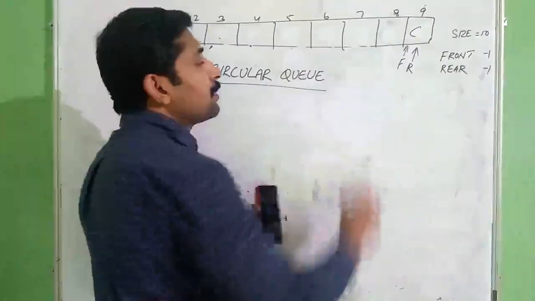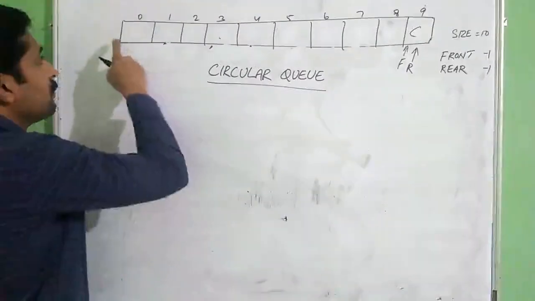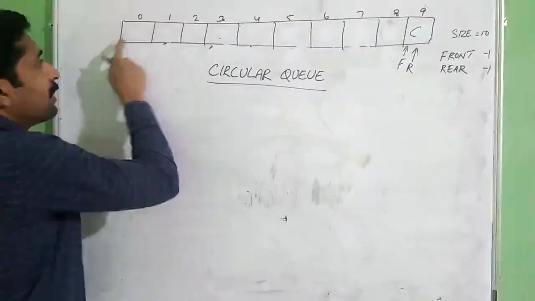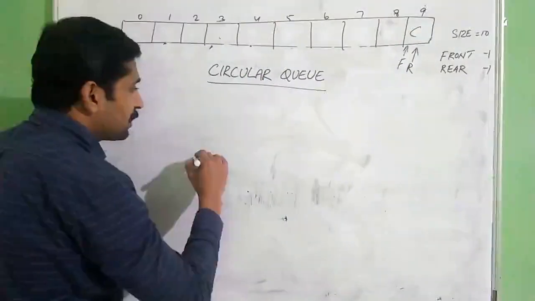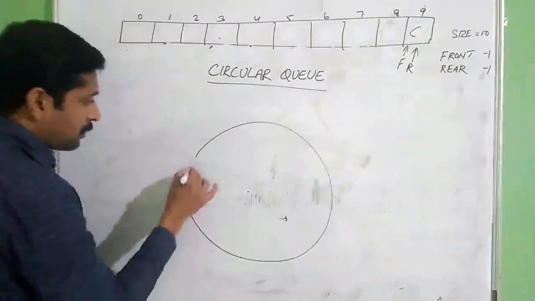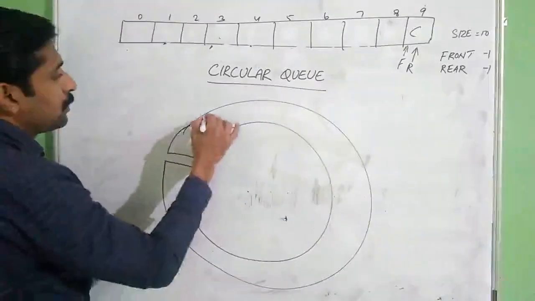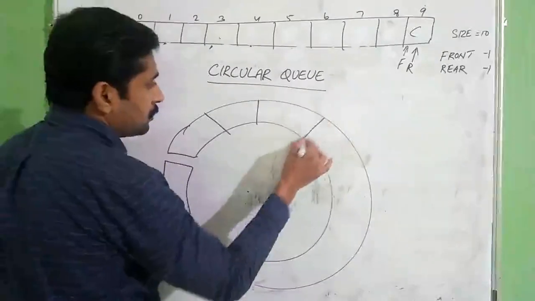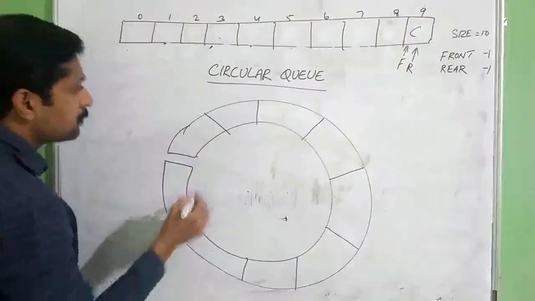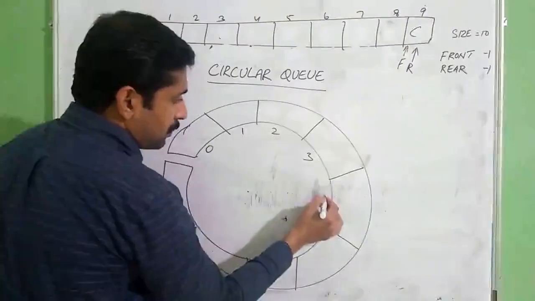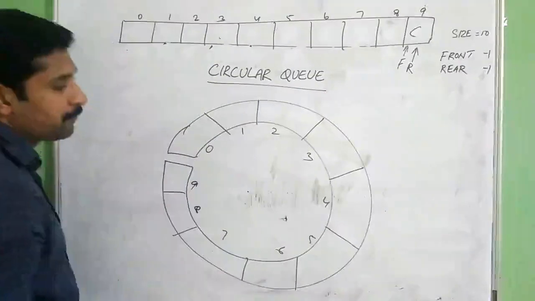So this situation can be avoided with the help of a queue called circular queue, in which we connect the 2 ends of the queue. That is, it will be something like this. This is our queue, 0, 1, 2, 3, 4, 5, 6, 7, 8, 9.